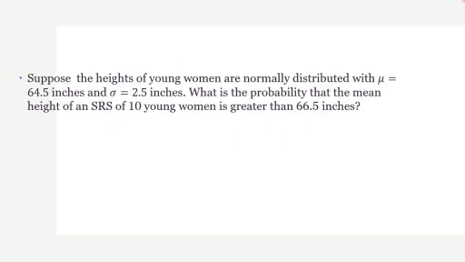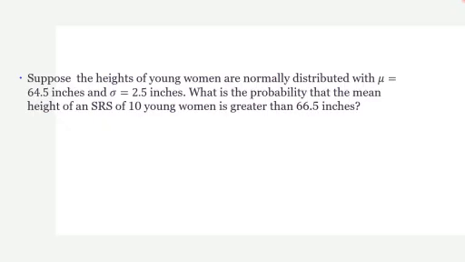Okay, so that's what you have in your conclude, summarizing what you're finding with the context. All right, let's do an example of this one using our means. So here's our question. Suppose that the heights of young women are normally distributed with a mu of 64.5 inches and a standard deviation of 2.5 inches. What is the probability that the mean height of a SRS, simple random sample, of 10 young women is greater than 66.5 inches?